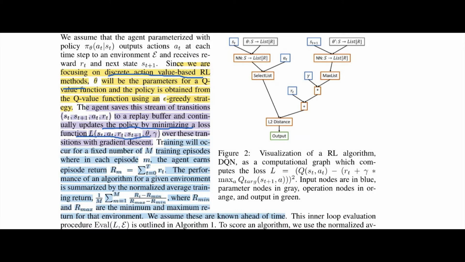So you have a replay buffer which stores all the possible transitions, and how you train your agent is that you take those transitions, you put them in a loss function, you get a loss value, and your aim is to update the policy such that that loss value is reduced over these particular transitions, and you use gradient descent for that.